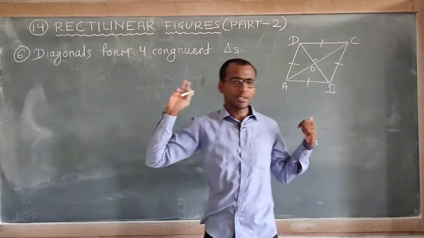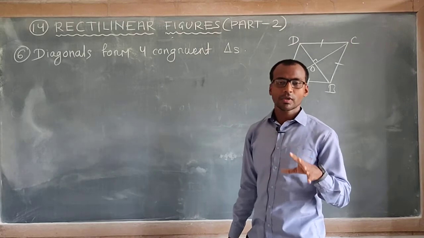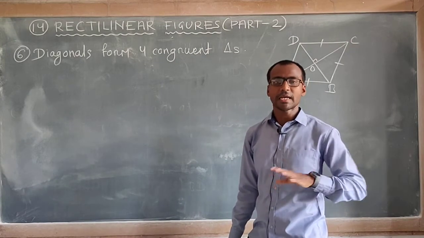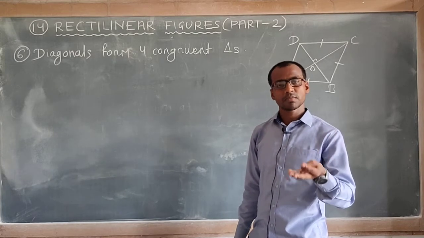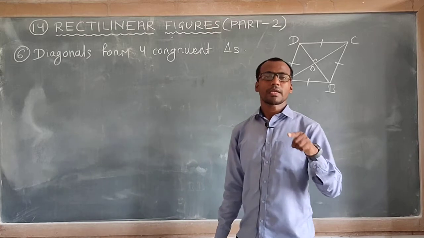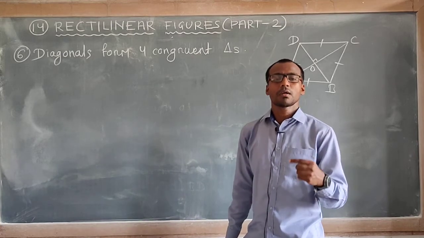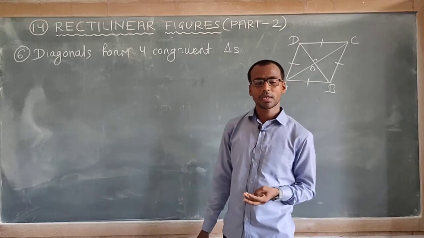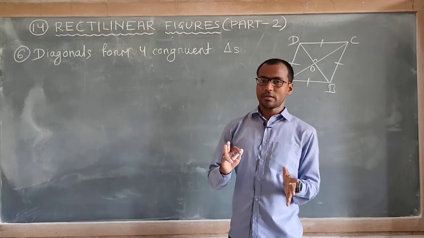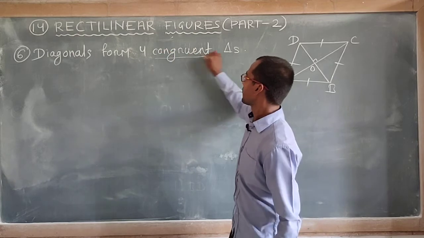But in case of a rhombus, the triangles are not only equal in area but also equal in size. The size is same. That means area same, size same. Shape same. Okay, shape and size same. If shape and size same, that means they are congruent. Okay, so I have written here congruent.